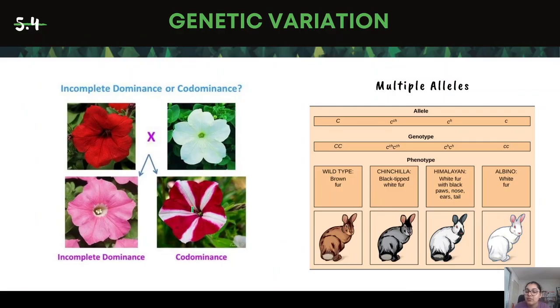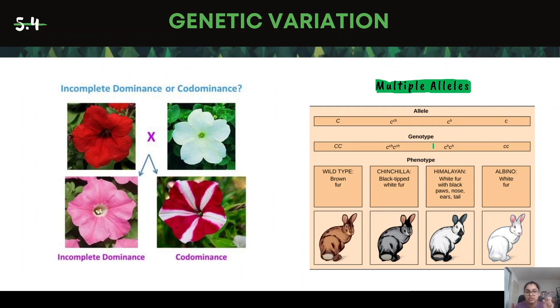Codominance would be if we get a flower that shows both red and white. So that's that. Now here we've got multiple alleles. What do multiple alleles look like? Let's say we denote the dominant allele as C, with alleles C, C^CH, CH and small c.